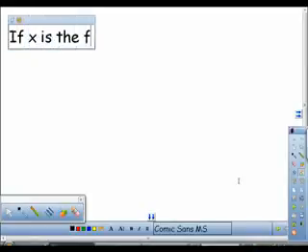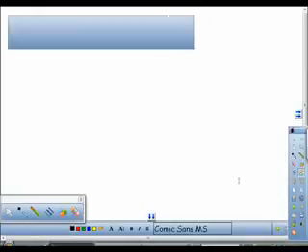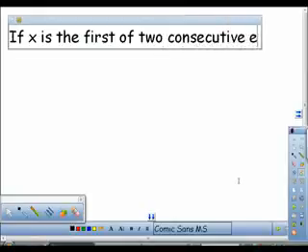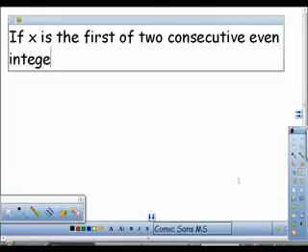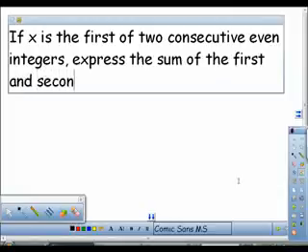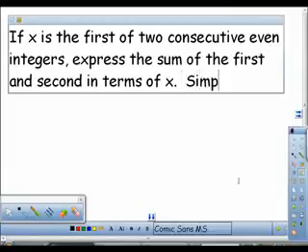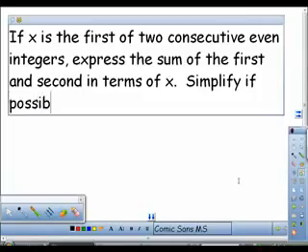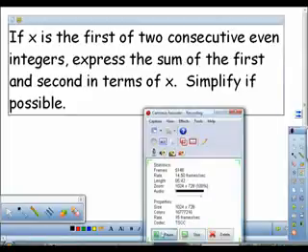The problem says that if x is the first of two consecutive even integers, express the sum of the first and second in terms of x. Simplify if possible. You and your neighbor work on this for a few minutes and let's see if you can figure it out. I think you can.